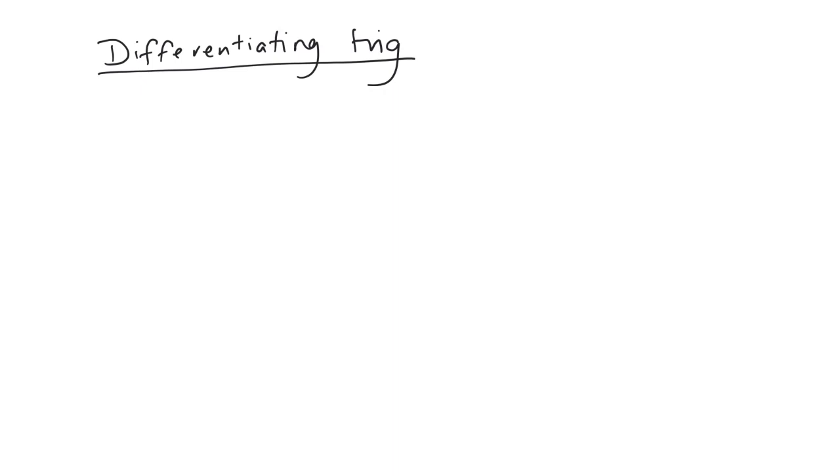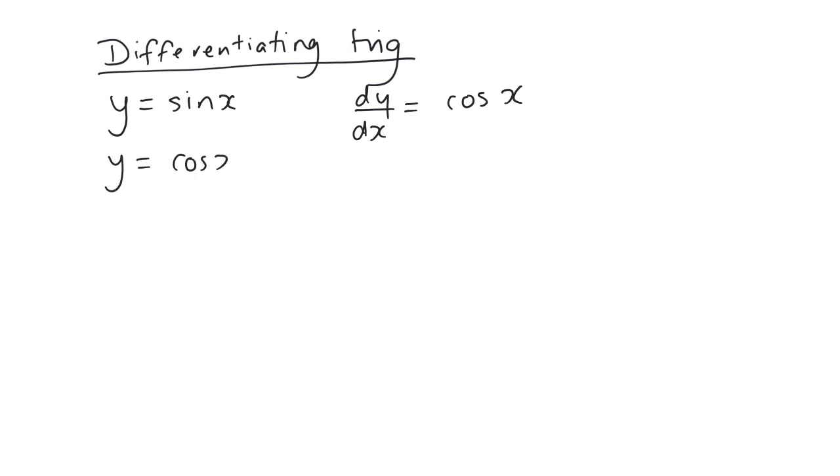Differentiating trig then. So if we have y equals sine x, when we differentiate that, we get cos x. If y is cos x, when we differentiate that, we get minus sine x.